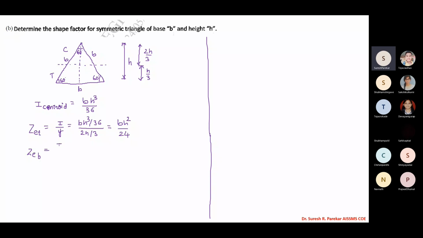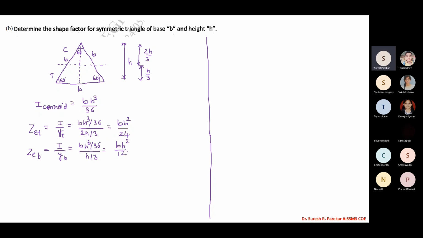ZE bottom. This is YT. This is YB. BH cube by 36 divided by H by 3. So we have this as BH square by 12.